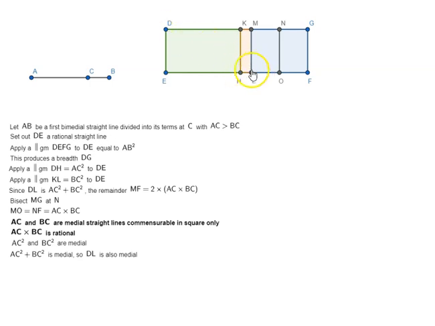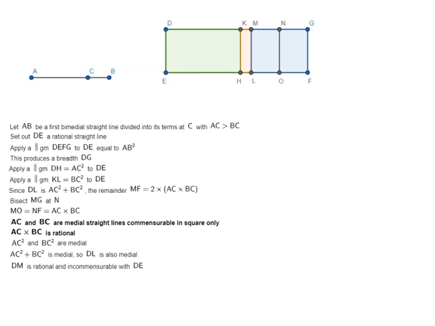Now this rectangle DL is applied to a rational straight line DE. So this area is medial, DE is rational. So that means DM is rational and incommensurable with DE. Okay.